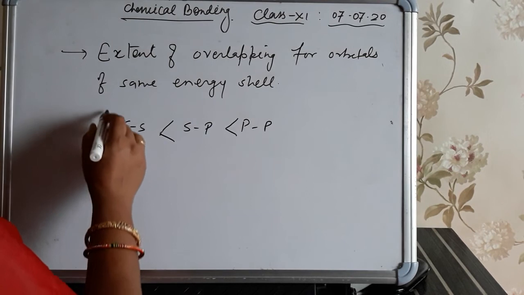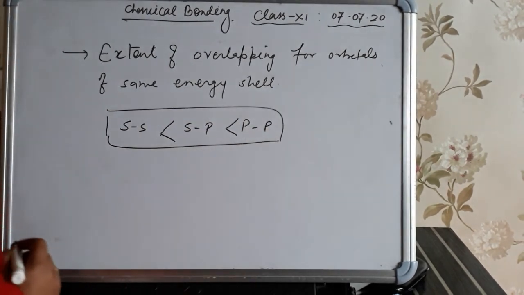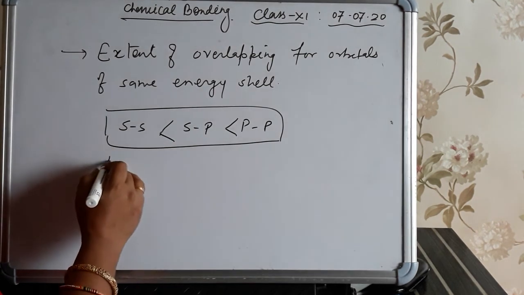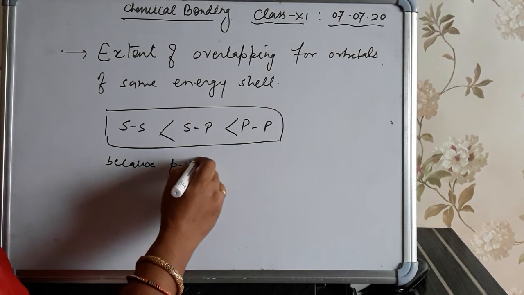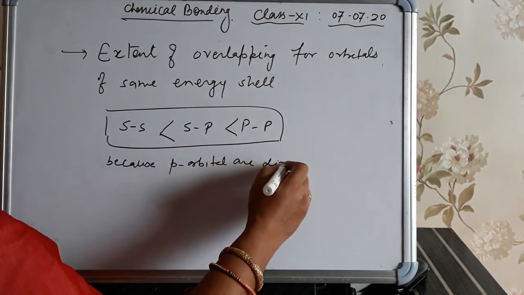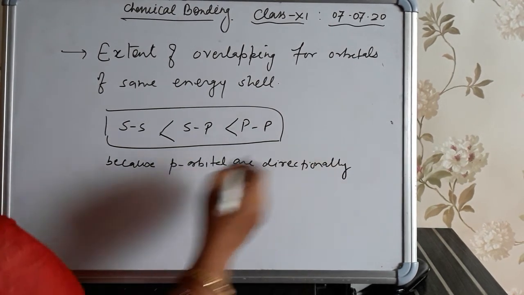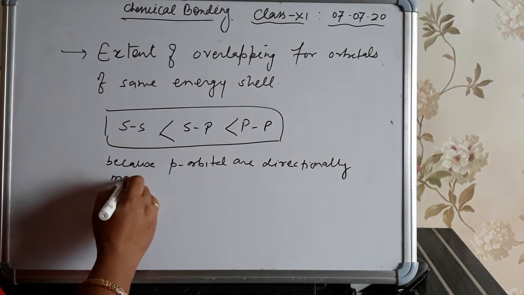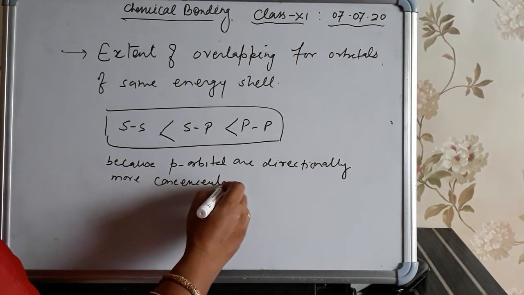So the maximum extent of overlapping takes place when p orbitals overlap each other, then s-p, then s-s, because p orbitals are directionally concentrated, more concentrated, in fact.